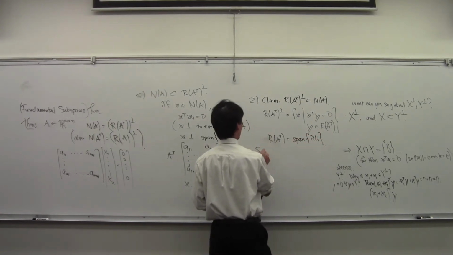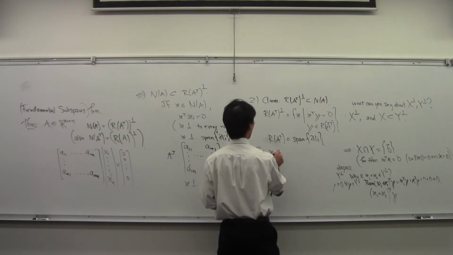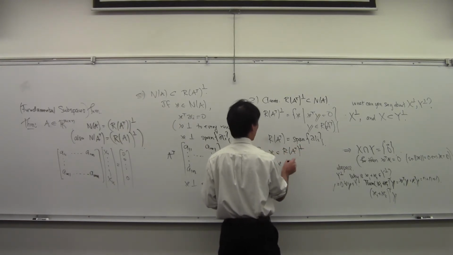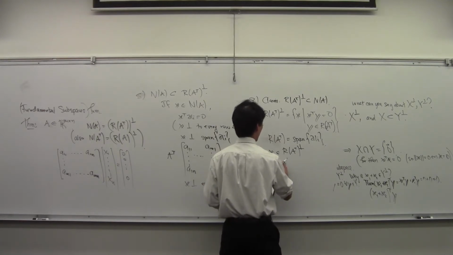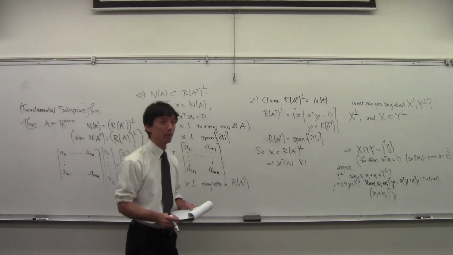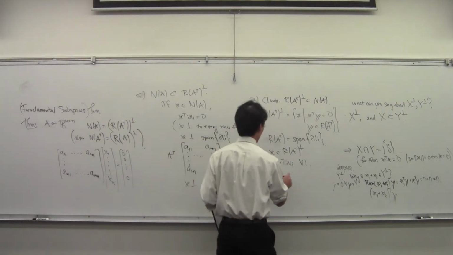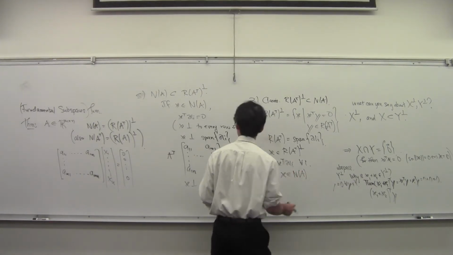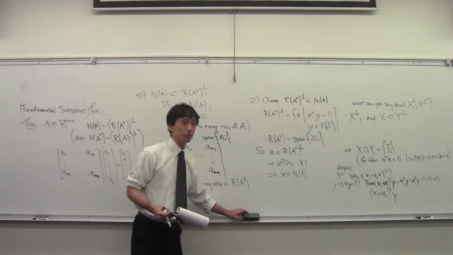So if you're in range of A transpose perp, that means that you're perpendicular to each of the AI. But that means that you're in the null space of A. Right, so it's the same thing backwards.